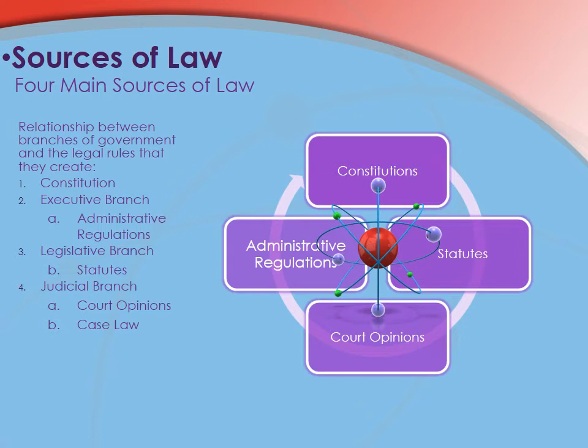And, again, understand that the different branches of government create different types of law. With the legislative branch creating statutes or rules that are not related to those administrative agencies. And then you have the judicial branch that creates court opinions and case law.